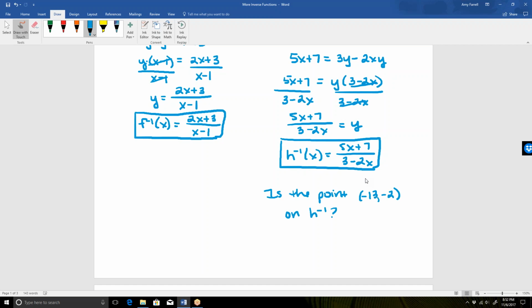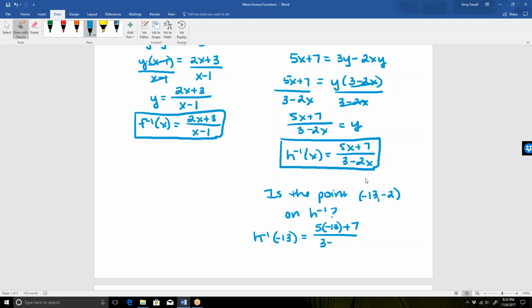Well, let's see. I'm going to find h inverse of negative 13, and I'm hoping I'm going to get negative 2. If I do, then I've got a really good chance that I've done my math correctly. Not saying that it's 100%, but it would be really close.